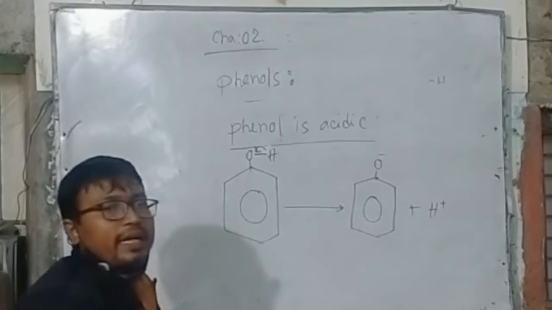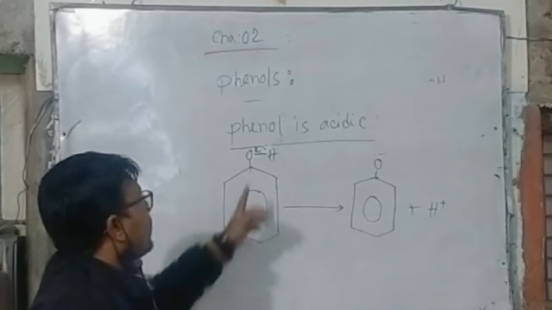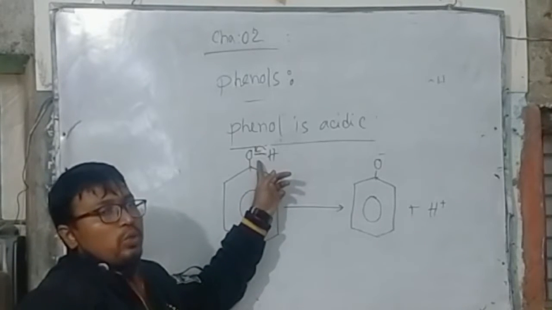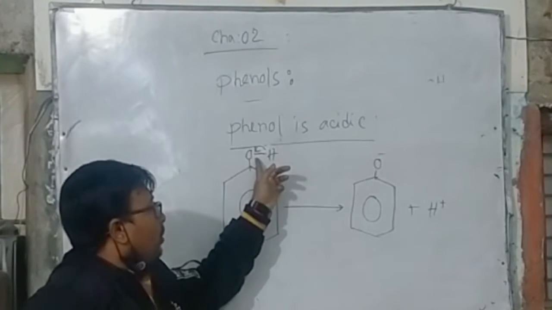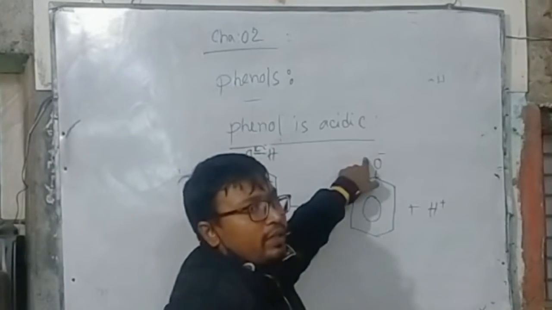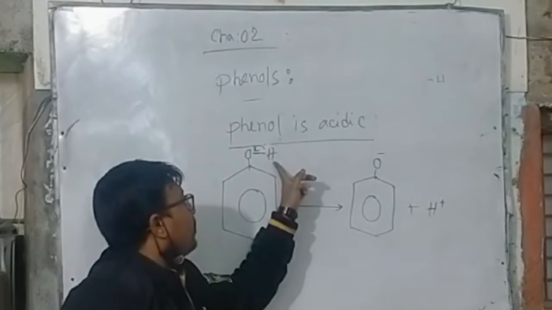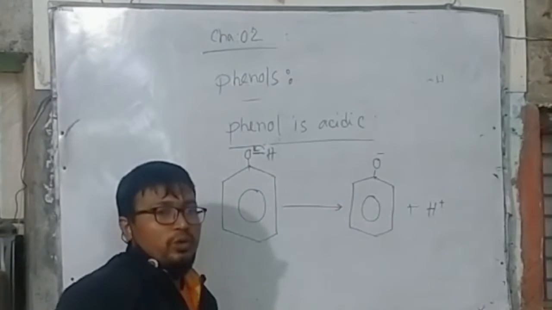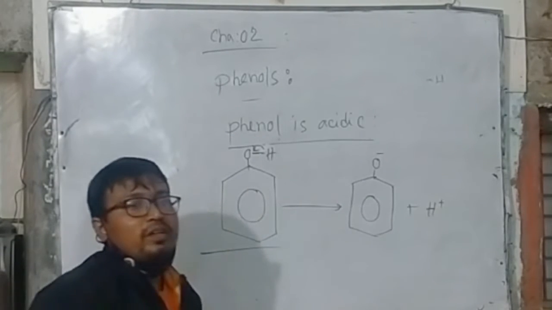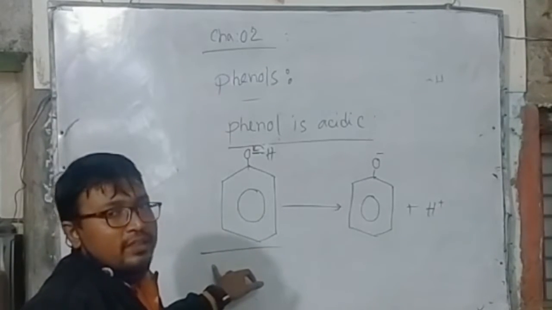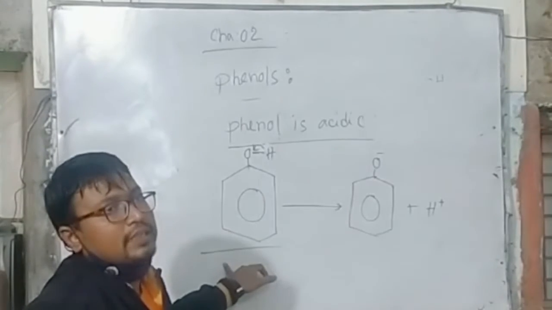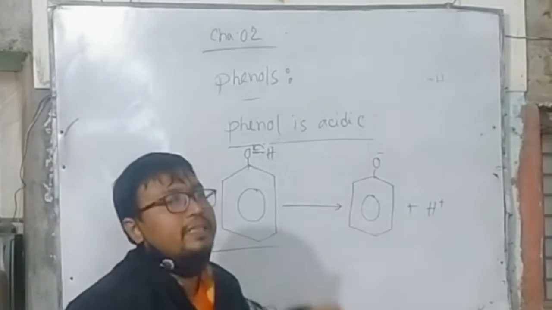The bond electrons go to the oxygen, so oxygen becomes negatively charged, and hydrogen is released as a proton. So this compound can release hydrogen ion, and for this it is acidic in nature.